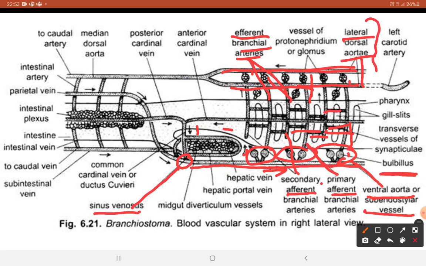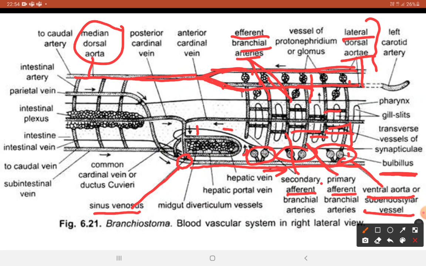So the blood from these efferent branchial arteries is poured into the lateral dorsal aorta, and these two lateral dorsal aortae, at the back they both join together to form one common median dorsal aorta. So this median dorsal aorta is formed by the fusion of these two lateral dorsal aortae.